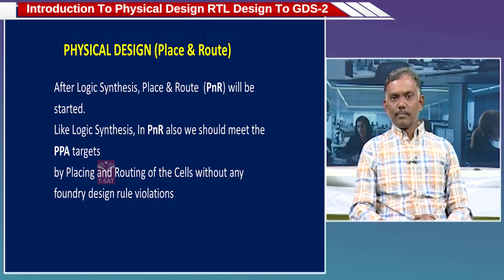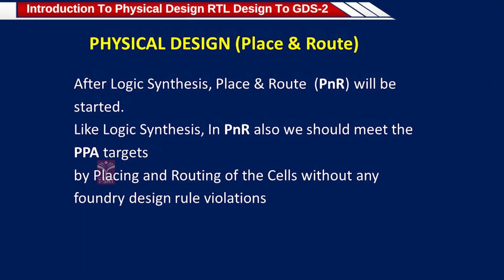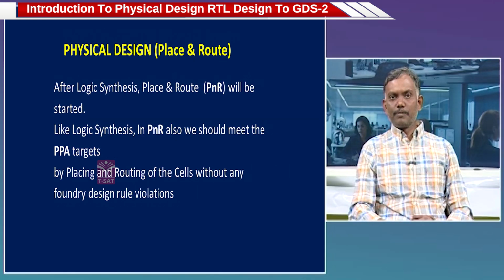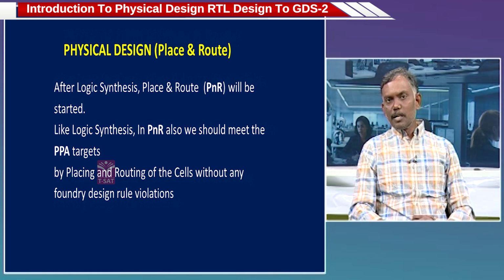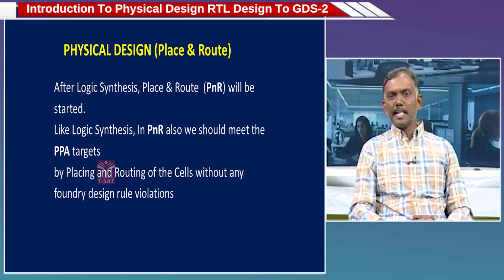Physical design, place and route. We call it place and route. I'll let you know why we call it place and route. After synthesis, whatever gate level netlist you get as the output of synthesis is the input to your physical design. In your logic synthesis, we are talking about parameters like cell delay and power for the gates.